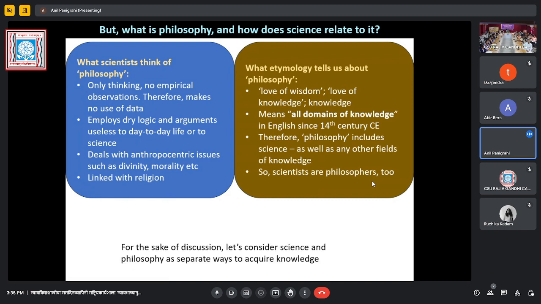But now, for the sake of discussion today, let us consider science and philosophy as two separate ways of acquiring knowledge. Then, let us look into what the different ways within science are for acquiring knowledge and how that relates to philosophy.